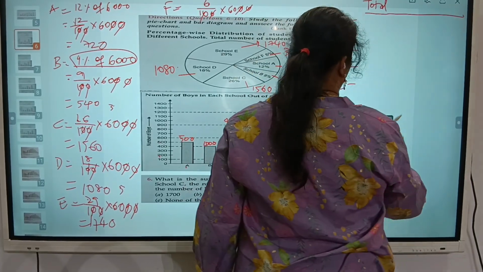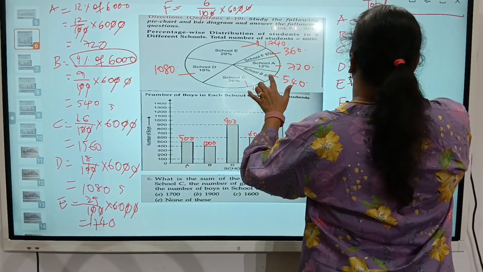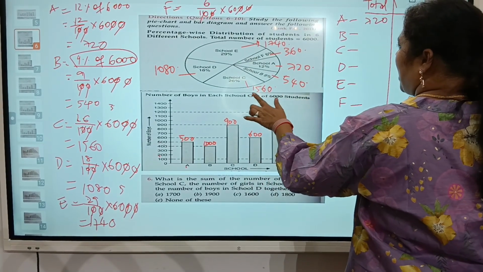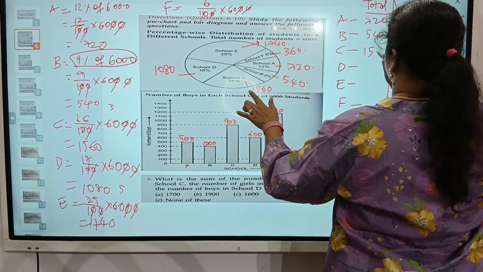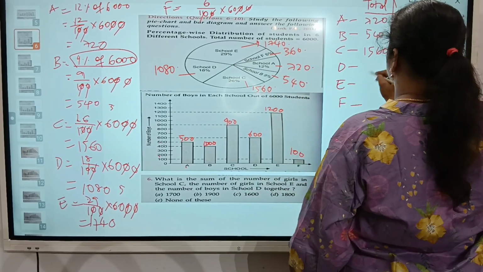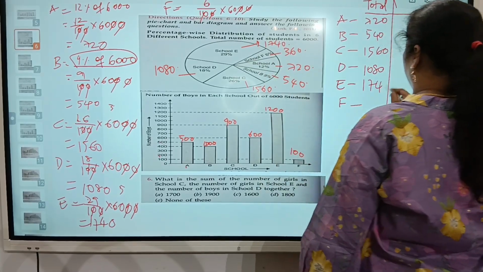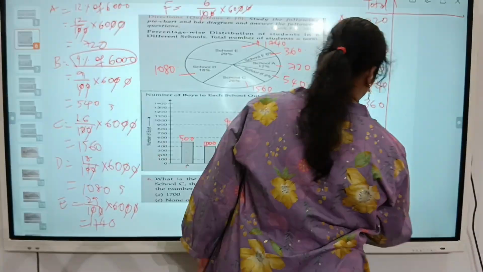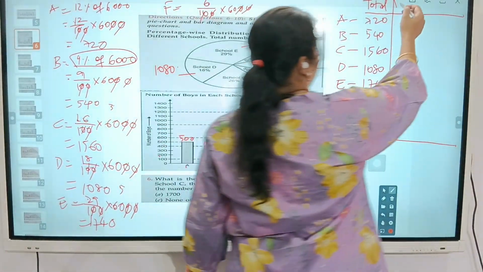We got the data. In school A, we got 720 people, B 540, C 1560, D 1080, E 1740, and F 360.